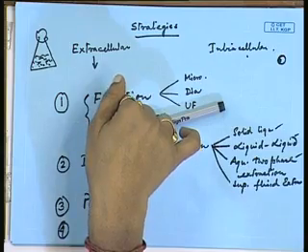Not necessarily every time do we have to separate cells. Suppose some of the components, some of the carbon sources, are insoluble in nature. After fermentation, we do not want this type of contaminant in the product.